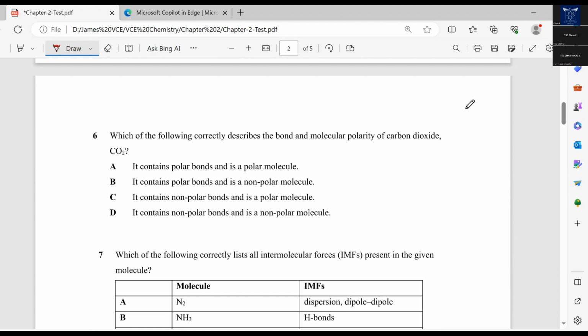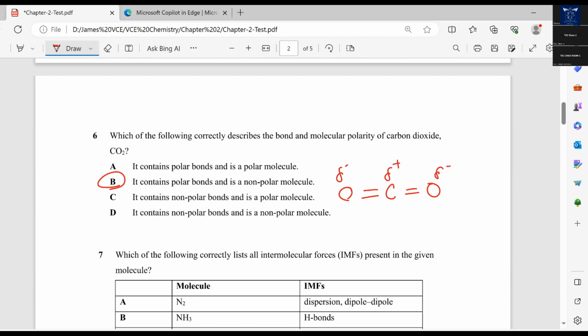Carbon dioxide has polar bonds, but it is a non-polar molecule. I think it should be B. The reason for saying the bond is polar is that oxygen is more electronegative than carbon. So in this case, this is going to be a delta minus.